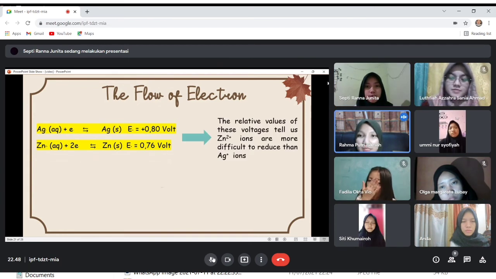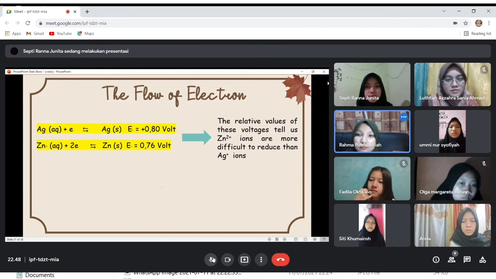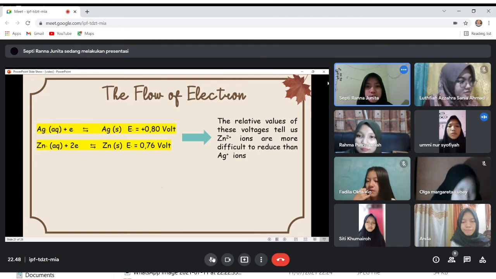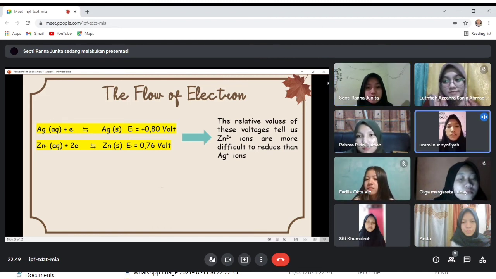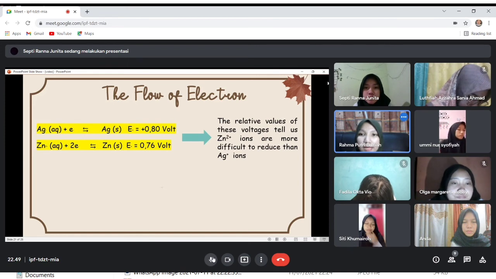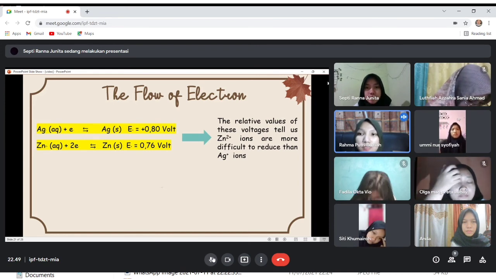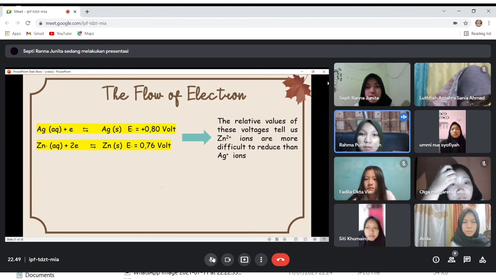Okay, and then what happens when zinc ions are more difficult to reduce than silver ions? Zinc metal will lose electrons to the silver half cell, and silver ions will accept electrons from the zinc half cell, miss. Good job. And the electron flow is from the zinc half cell to the silver half cell.